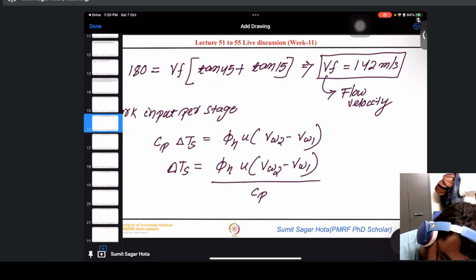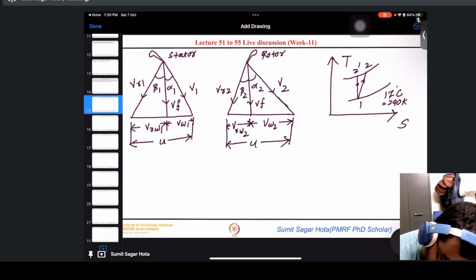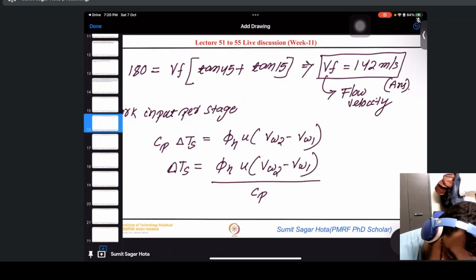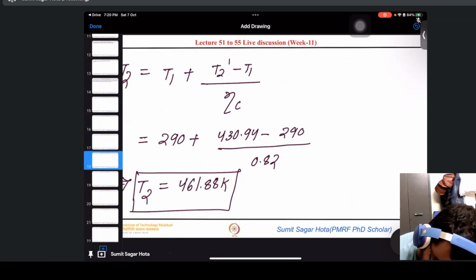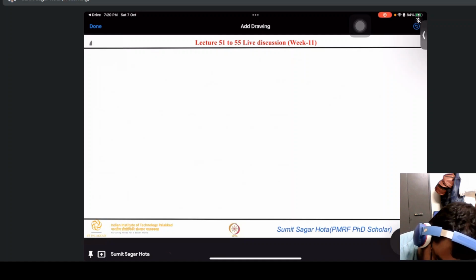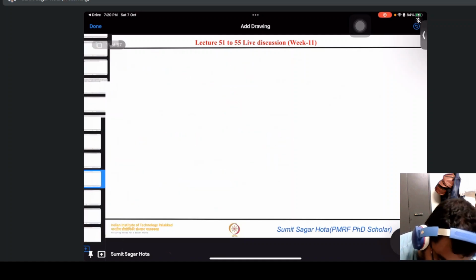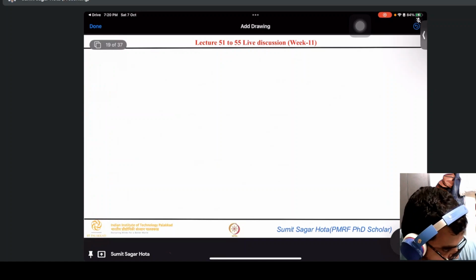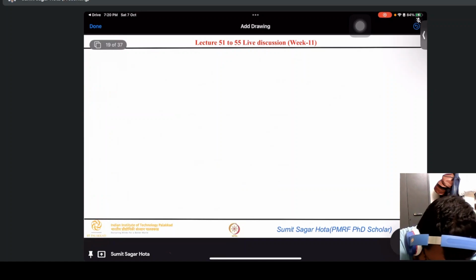This is the answer. The question asked for the flow velocity. This is your answer of A1. And now we can find out the difference T2 minus T1, the total change in temperature across the compressor.